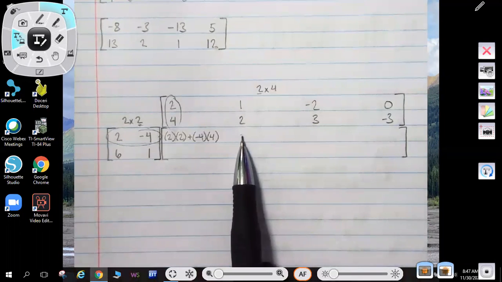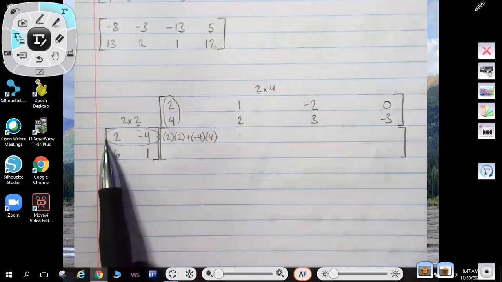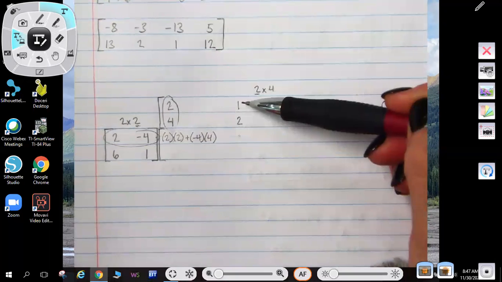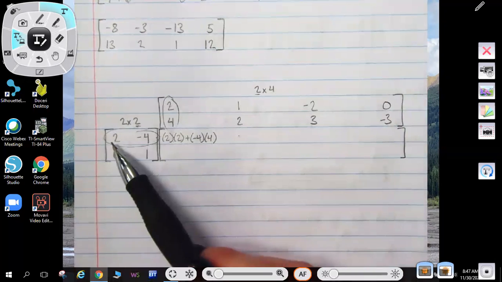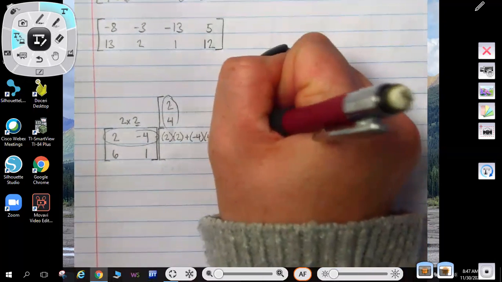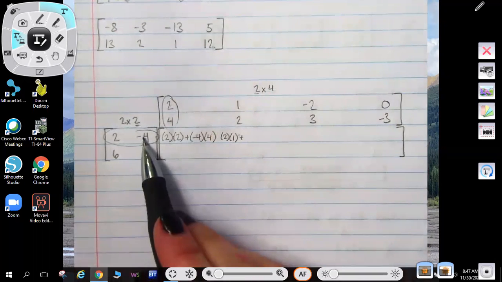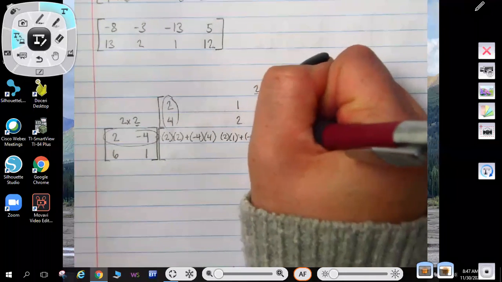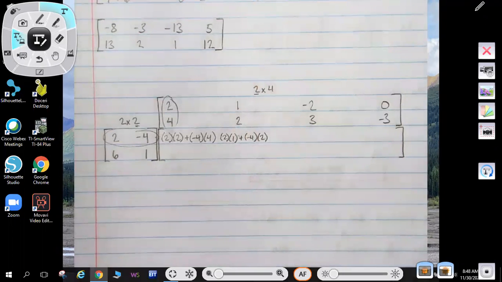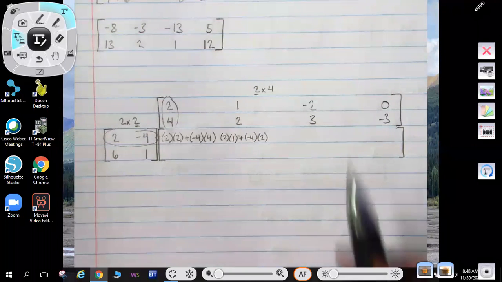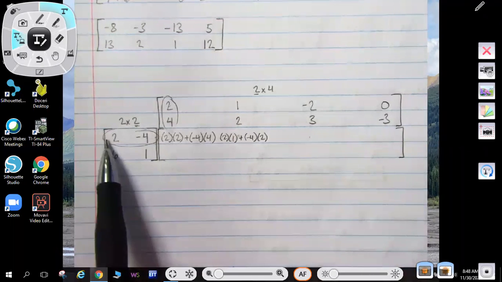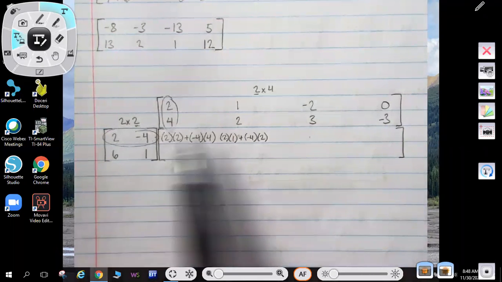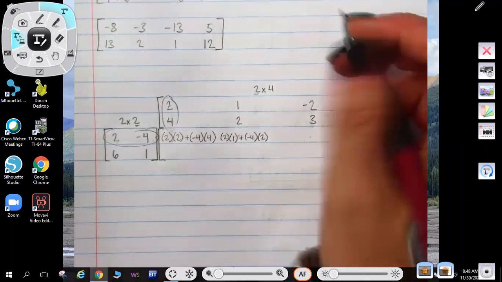Okay, so now if we're looking at the first row, second column, the first row numbers are still feeding into it, but now we're using the second column from this matrix. We're going to multiply the first numbers together, so 2 times 1 plus -4 times 2. Okay, the next number, we're in the first row still, so we're still using 2 and -4, but now we're using the third column.